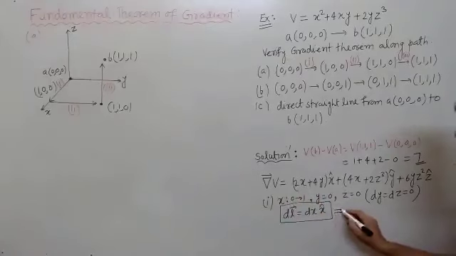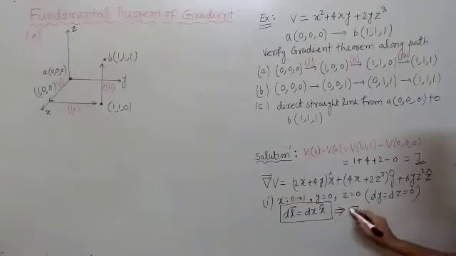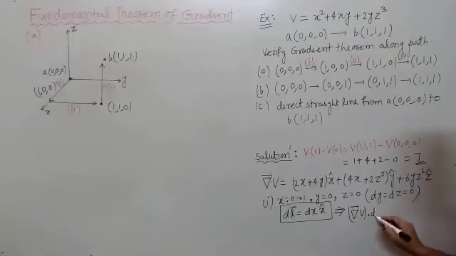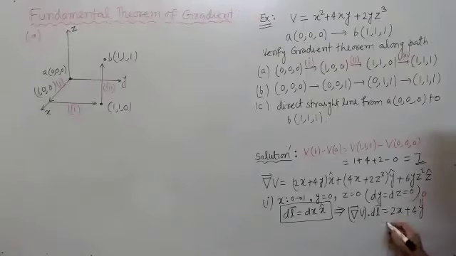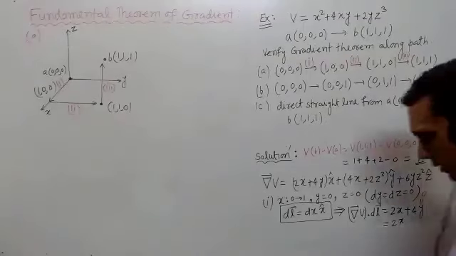And if you know dl, you can write gradient V dot dl. If you take the dot product with x cap, you will get only the first term, that is 2x plus 4y, and y is 0. You can see this y is 0 here. So when y is 0, this will give you twice of x.